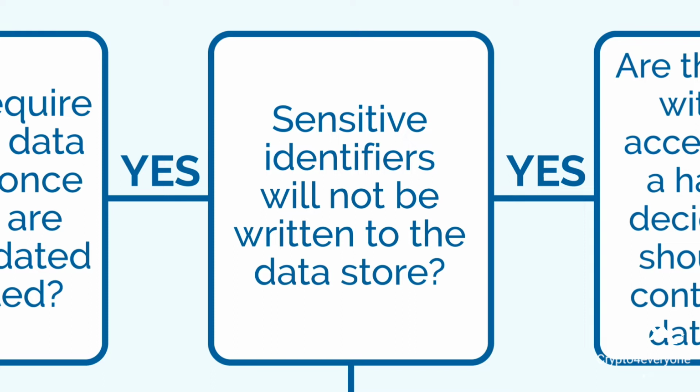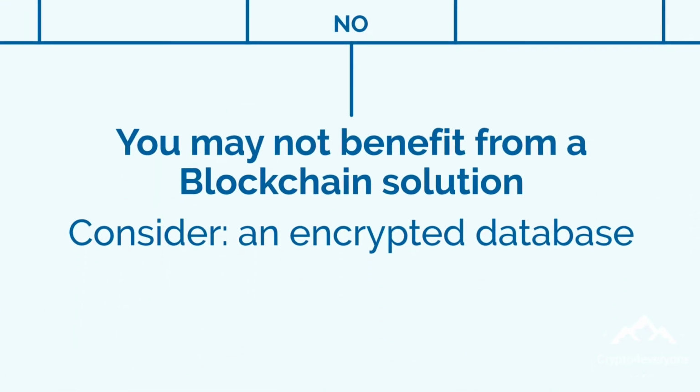Sensitive identifiers will not be written to the data store. If you answered no, you may not benefit from a blockchain solution. It is recommended that you should not write sensitive information to a blockchain that requires medium to long-term confidentiality, such as PII, or personally identifiable information, even if it is encrypted. The reason for this is that data, once stored within a blockchain, cannot be modified or deleted.